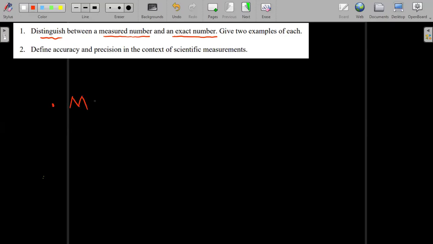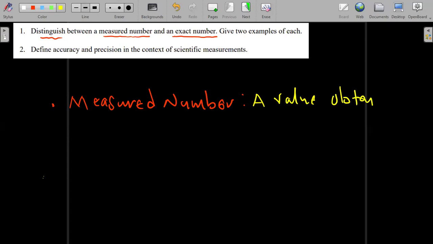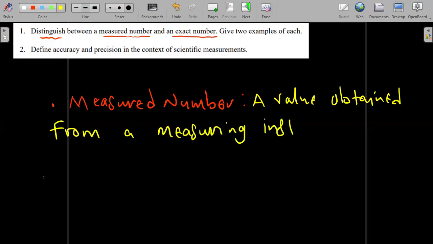Does anyone have an idea what a measured number is? All right, so a measured number is a value obtained from a measuring instrument.